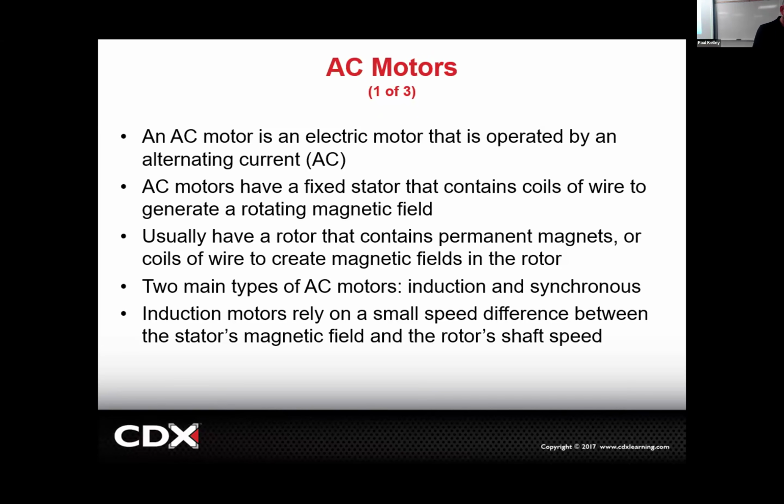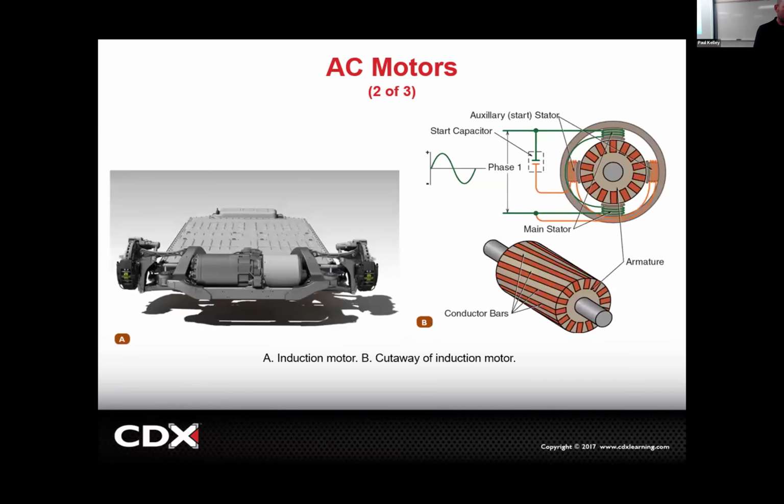Not a real big deal. They have different types, but mainly it's going to be 3-phase most likely. So with a DC motor, 12 volts in and ground. With an AC motor, there is no ground. It doesn't need a ground, because remember, alternating is positive, negative, positive, negative.